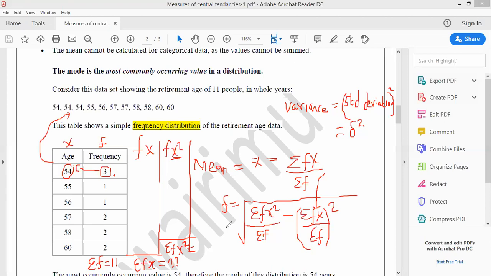And measures of dispersion normally talks about the way the spread of the data values is in a particular data. Such a way, the spread may be those data values are so close to each other. If you find the standard deviation is small, then you'll find the data figures are very close to each other.